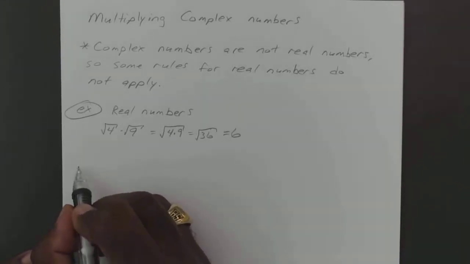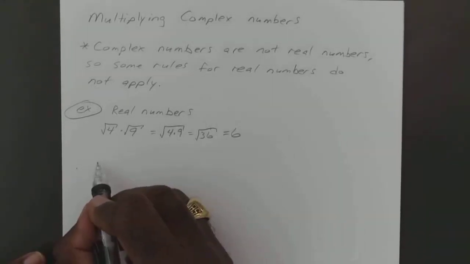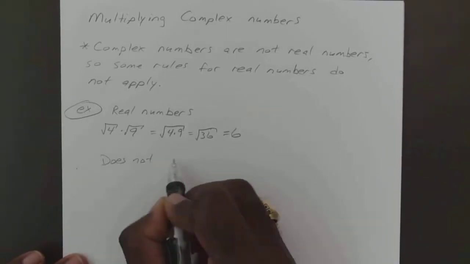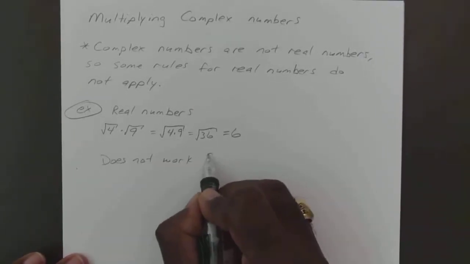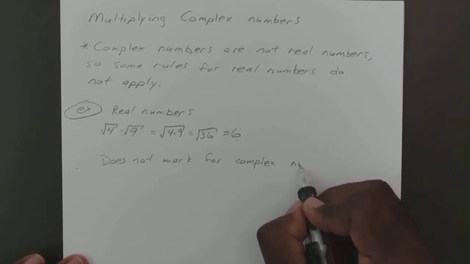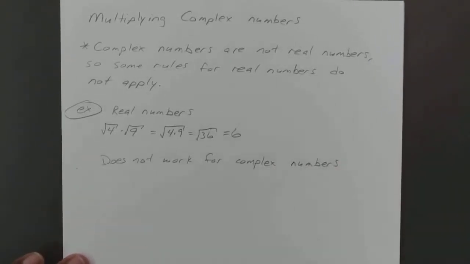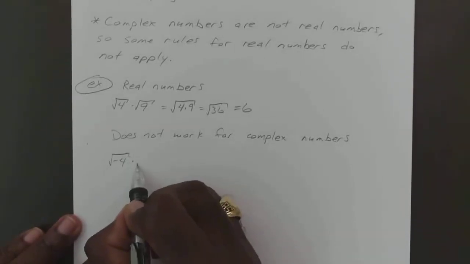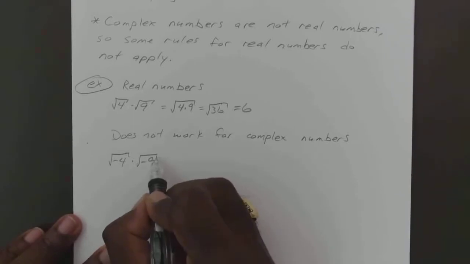Okay. But if you actually try that for complex numbers, okay, so what if you had square root of negative 4 times square root of negative 9?